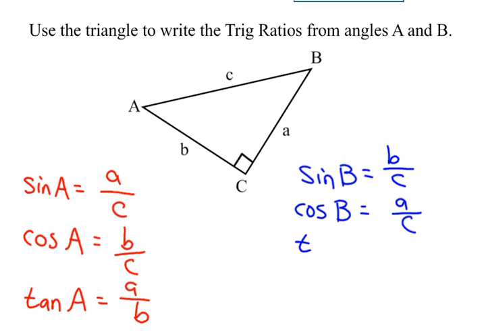And tangent of angle B, opposite over adjacent. And what you see is that the ratios are different depending on the angle you start from, right?